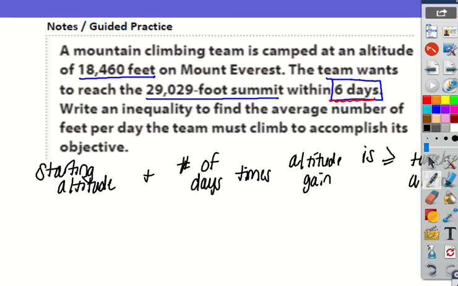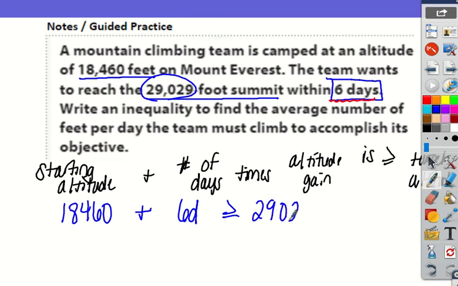If you see that we were at 18,460 feet to start, we're going to add that. If we cover it for 6 days, the average altitude gained is going to be greater than or equal to the target altitude, which is 29,029 feet.